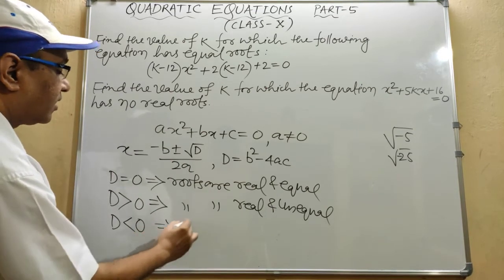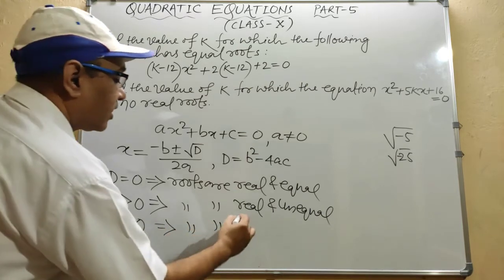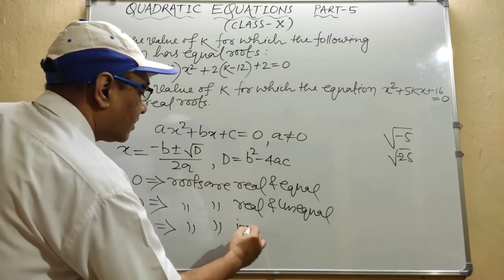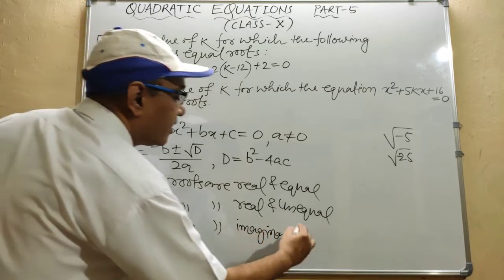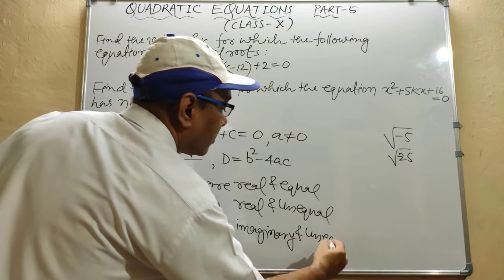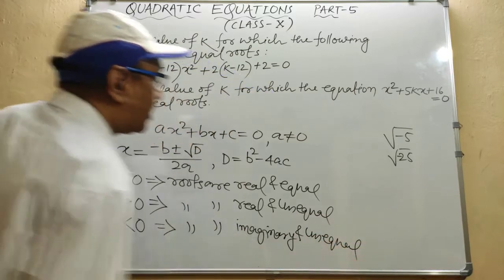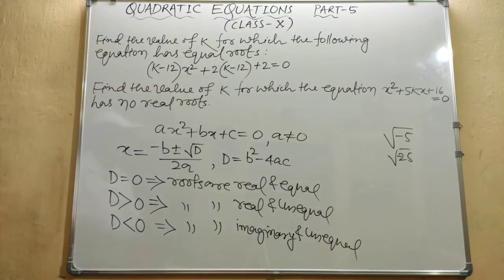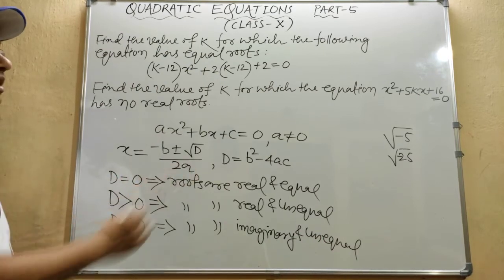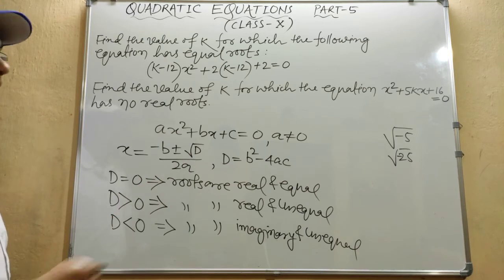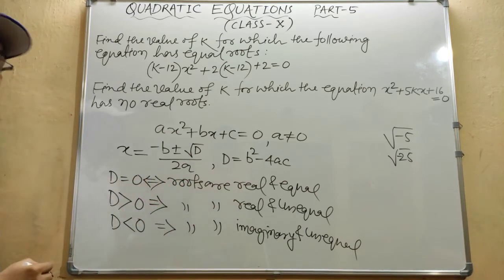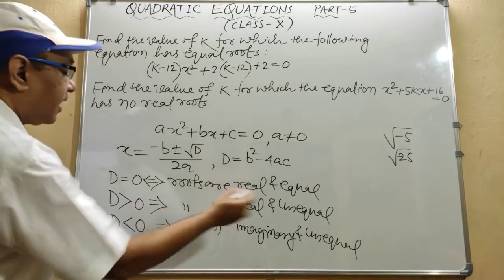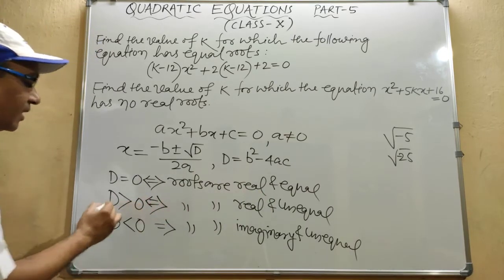In this case roots are not real. In this case imaginary and unequal. इमेजिनरी और अनइक्वल होगा. So you must remember this. When discriminant is 0, roots are real and equal. Roots are real and unequal, then d must be greater than 0.